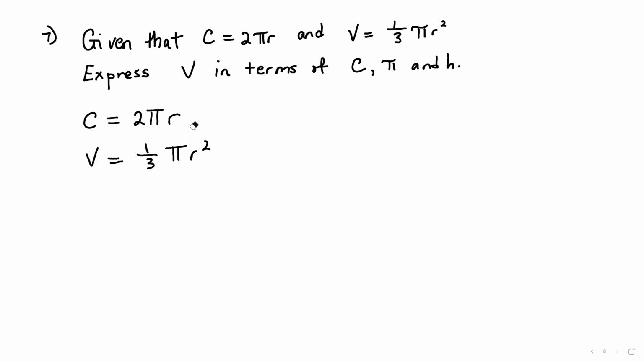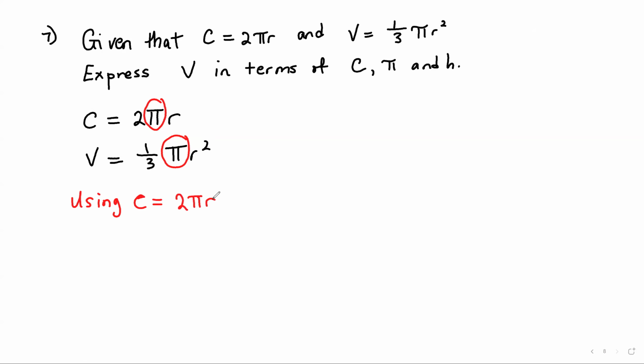So really, we can say they both have pi, right? So using C is equal to 2 pi r, I could make pi the subject of the formula in this one.